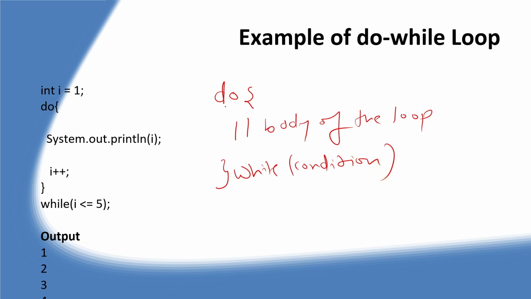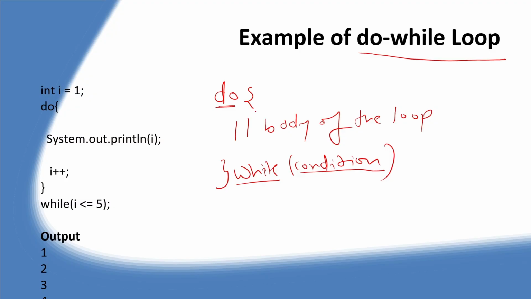Since we have two keywords, do and while, we call it the do-while loop. We check the condition with the while, and we execute the body of the loop with the do.